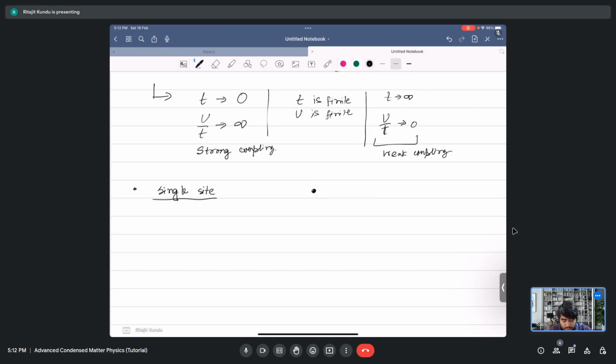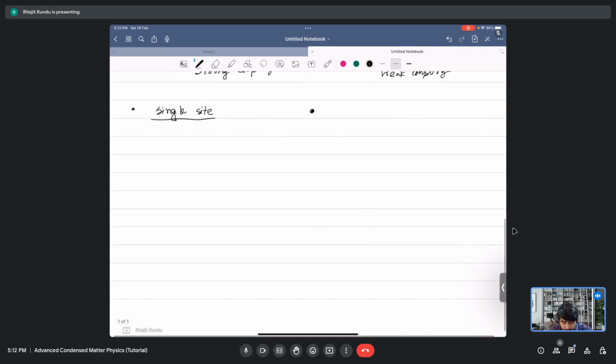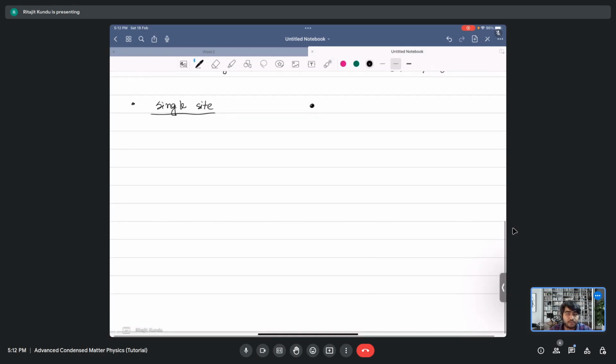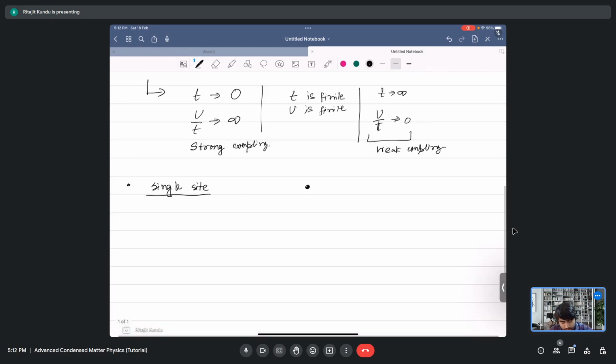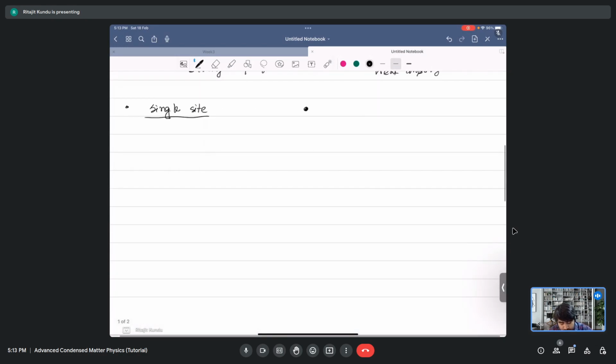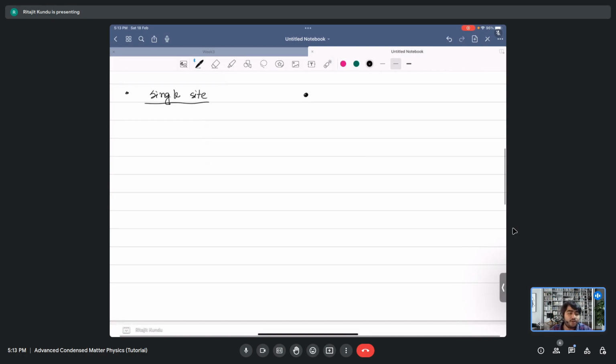So why is the single site important to understand? Let me give you some arguments. You know how a band forms, right? Let's think about a thought experiment where we have atoms sitting very far apart.